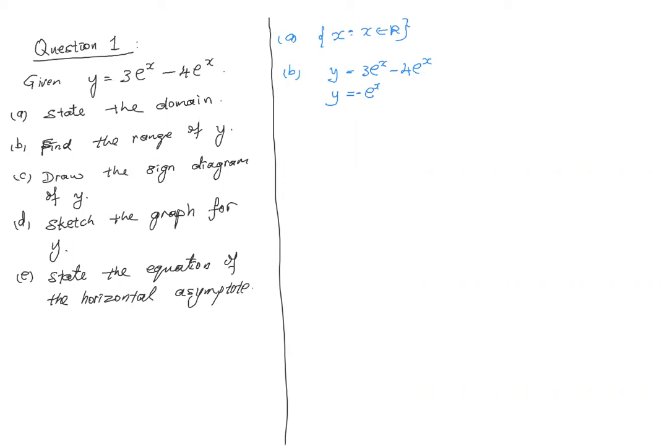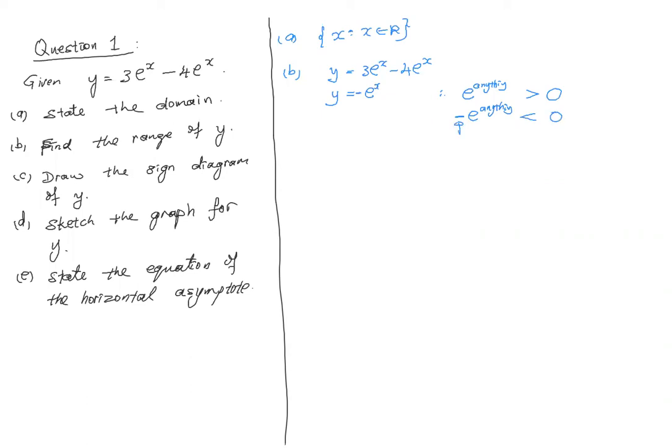So when you say find range, there is a negative sign, correct? We know the true fact that e to the power of anything is always greater than 0, correct? That is how your mind is supposed to think. So now I have negative e to the power of anything. It should be the other way around, because of the negative sign here.